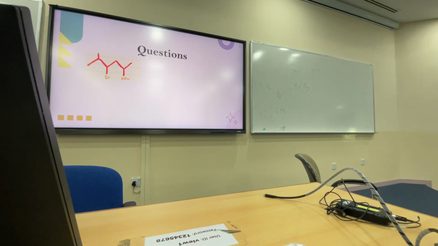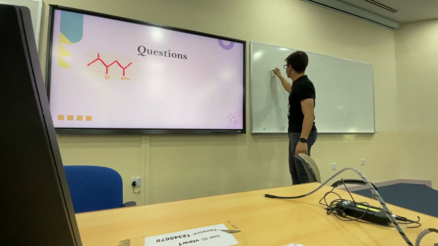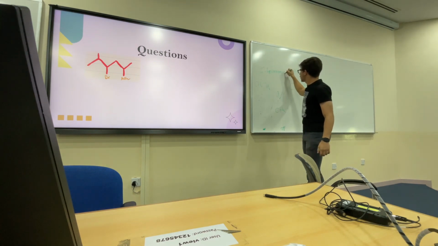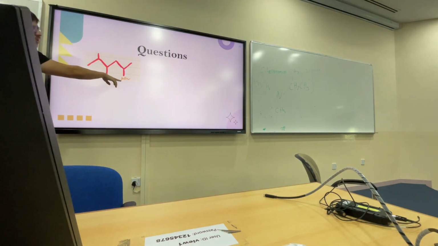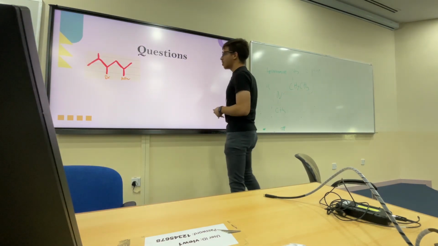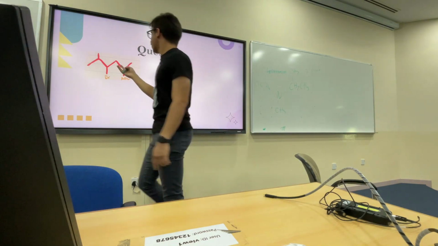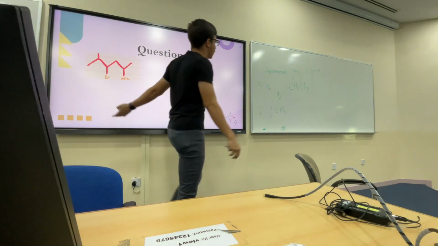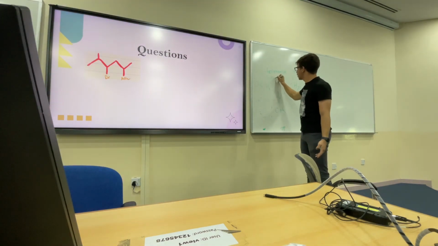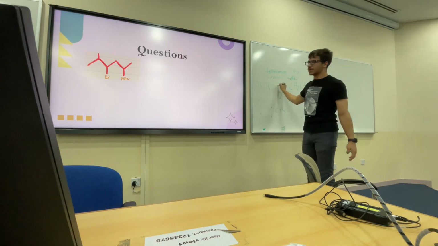So it will be hexanamine. Now the NH2 is on the second carbon, so it will be 2-hexanamine. And we have the Br on the fourth and the methyl on the fifth. So bromine will be first, 4-bromo, 5-methyl, 2-hexanamine.